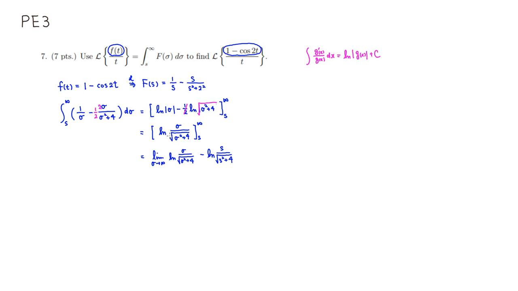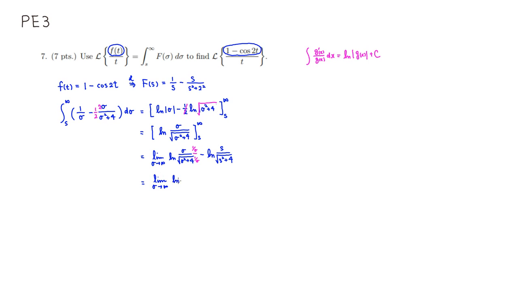What I'm going to do is divide top and bottom by sigma, multiplying top by 1 over sigma and bottom by 1 over sigma. We still need to take the limit as sigma goes to infinity.